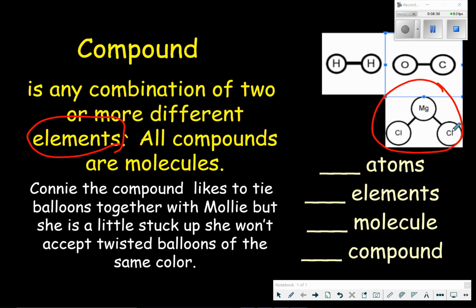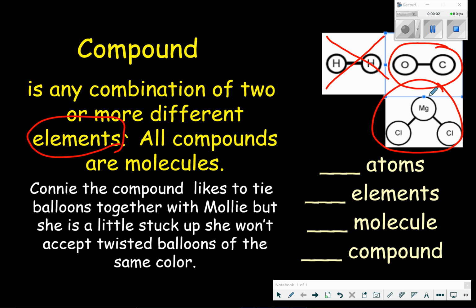Just so they're joined with another balloon with a different set of letters, it's a compound. So this one is a compound, and this one is a compound, but this one has 2 atoms, but both atoms are the same element, so it cannot be a compound.